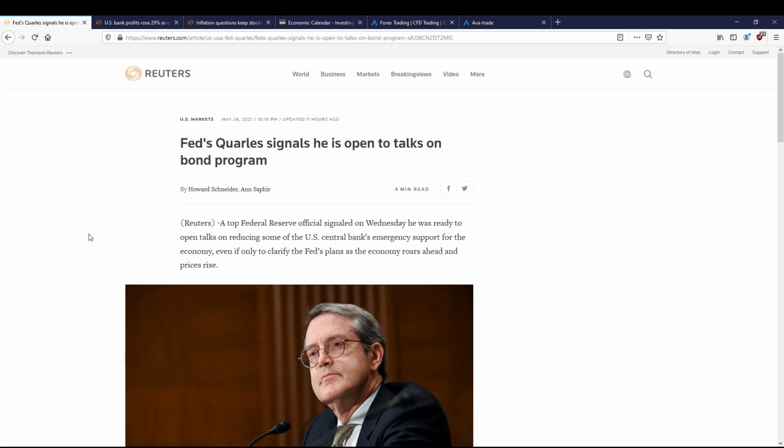Now, if they start to scale this back, which is what this article is talking about, they start to scale back some of this stimulus, and in this case they're talking about the bond buying program, you could see the opposite occur. You could see a sell-off in stocks, at least temporarily anyways. You could see a strengthening of the US dollar, at least temporarily anyways.